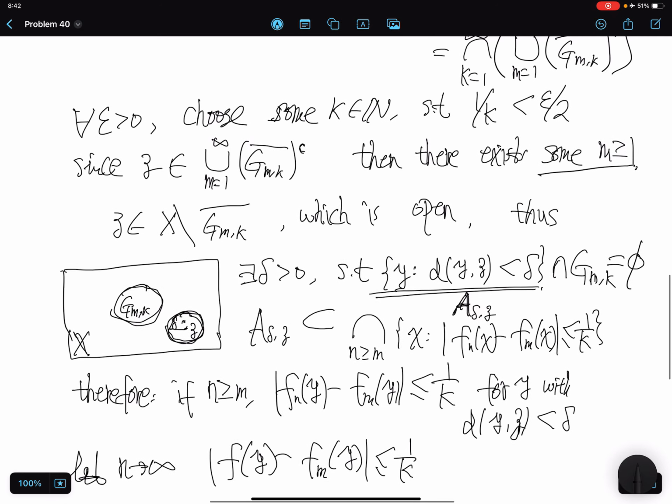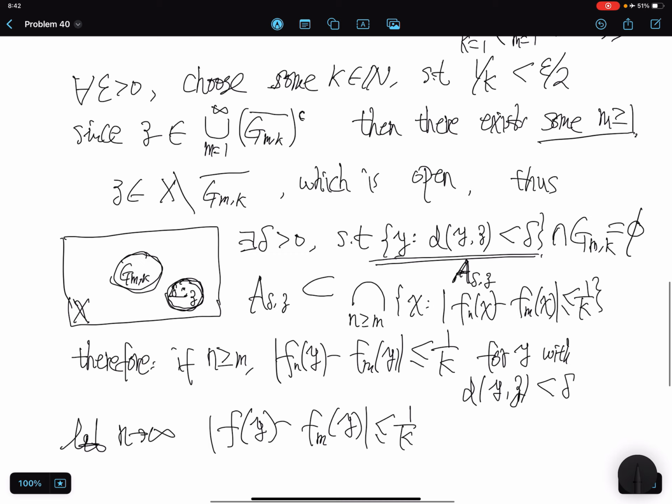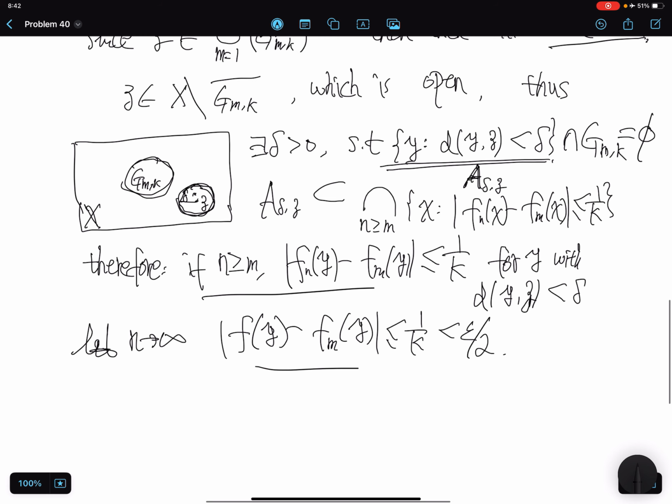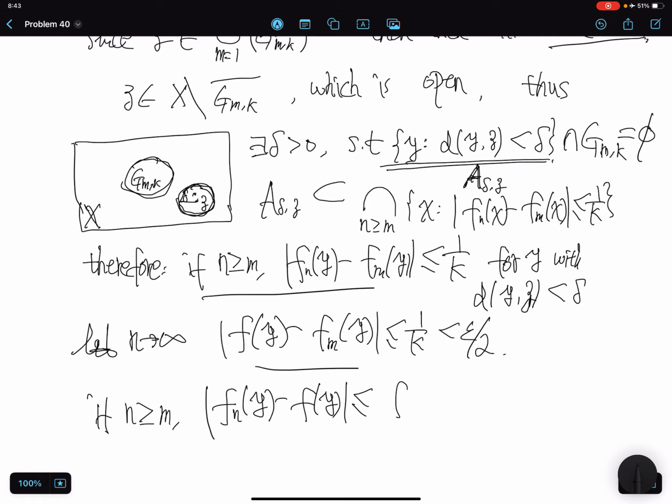For the k, we pick 1 over k less than epsilon over 2, right? So now we combine these two. So what do we have? So if n is greater than or equal to m, then we just estimate |f_n(y) - f(y)|, the absolute value, and then we use the triangle inequality.